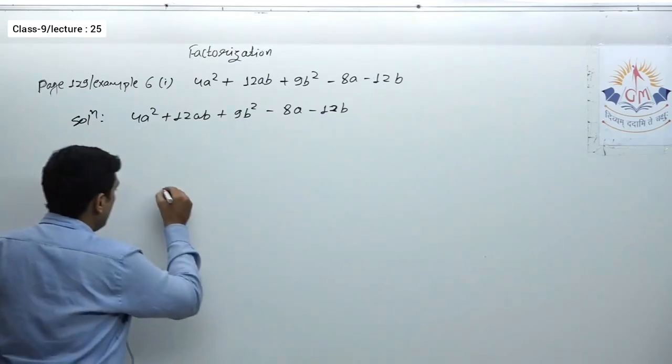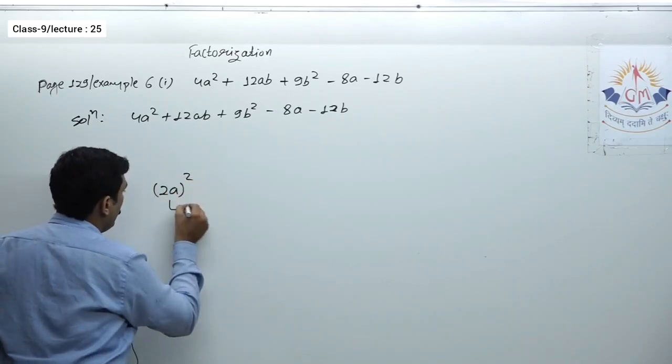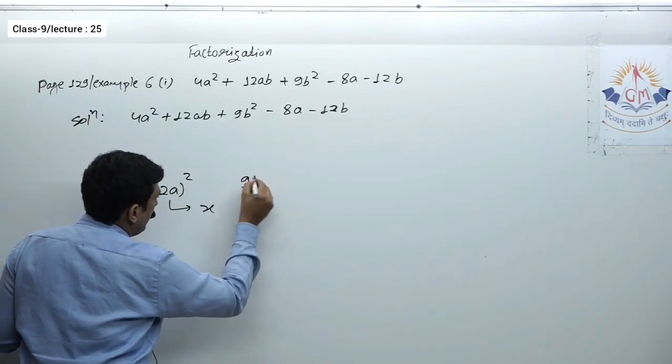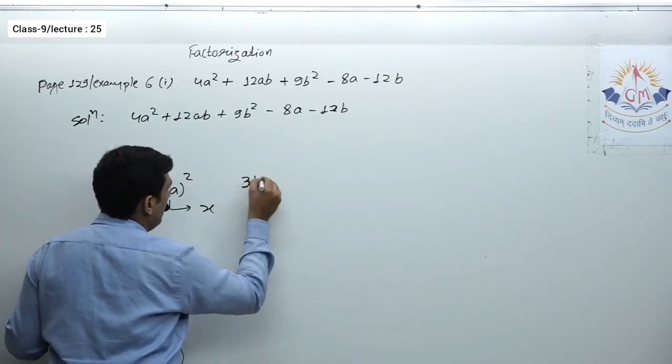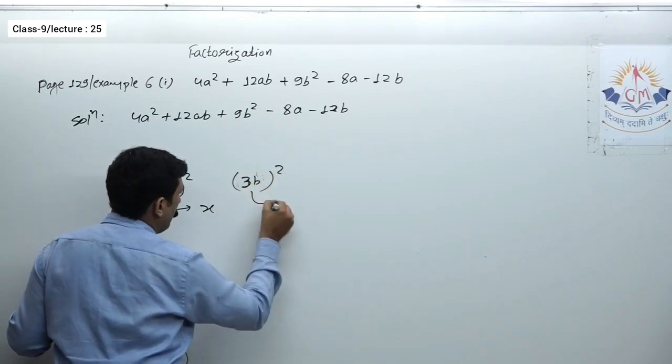If I consider this 2a, because this is 2a square, I can consider this as x. Then this is 9b square, so I can write this as 3b whole square. So this I consider as y.